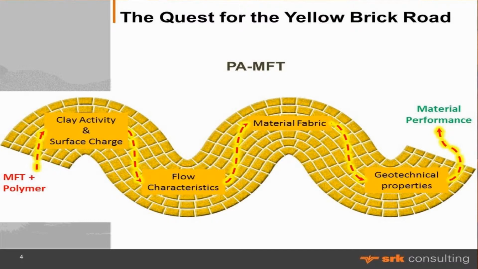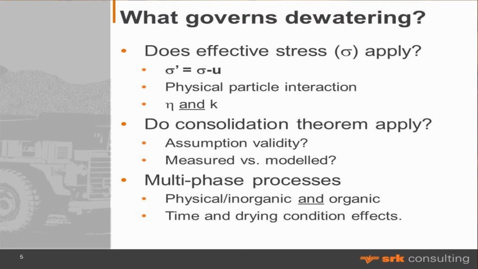Might I be able to link things like, from the micro scale, clay activity and surface charge, to what's happening when we try to deposit this material, and ultimately what sort of material fabric results, and how that might impact the resulting geotechnical properties? Maybe we move a little closer to understanding material performance. So that was my pie in the sky idea.